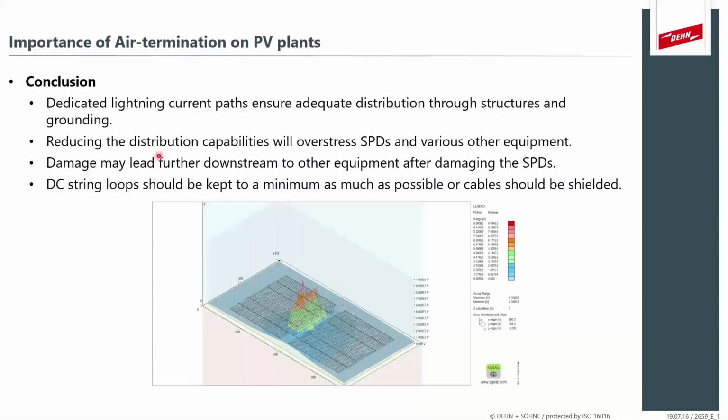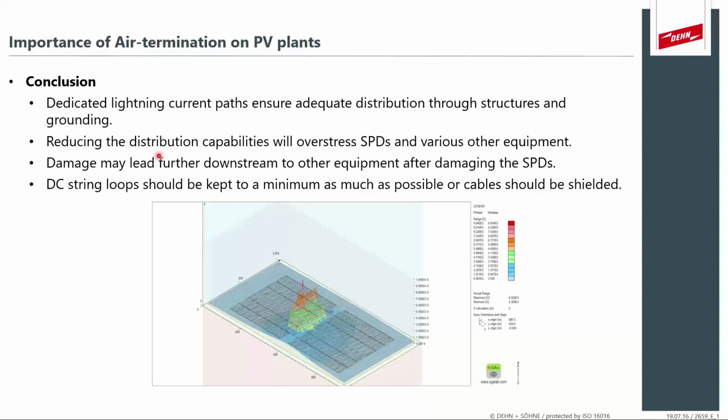So to conclude that, firstly, we want to make sure that we have dedicated lightning current paths, and this is to ensure adequate current distribution through the grounding system by the time it reaches electrical equipment. When it's attenuated, by the time it reaches the electrical equipment, surge resistors will not be overstressed.